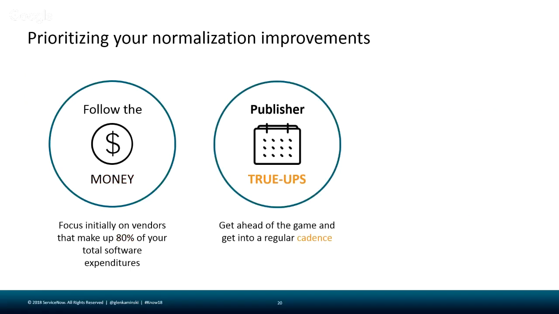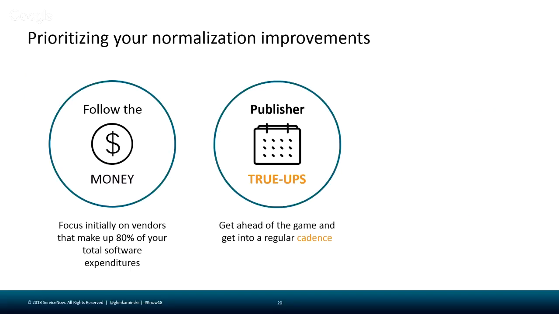After that, take a look at when you have publisher true-ups coming up so that you can get into a regular cadence. Oftentimes, activities are surrounded by an audit that comes up, and this is an absolutely real situation. But you want to start getting ahead of the game so that you can get into a cadence so that you'll be ready for an audit.